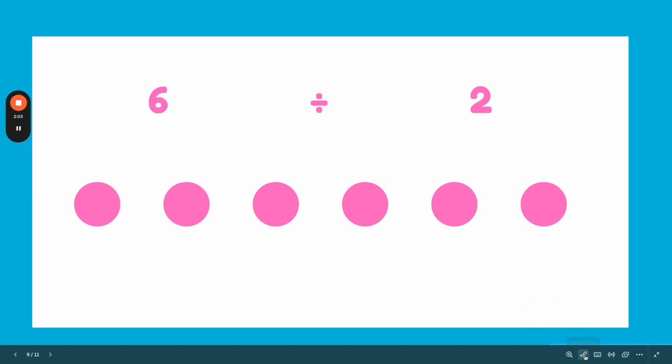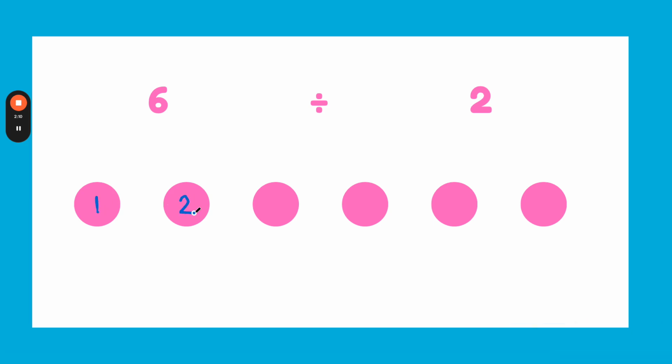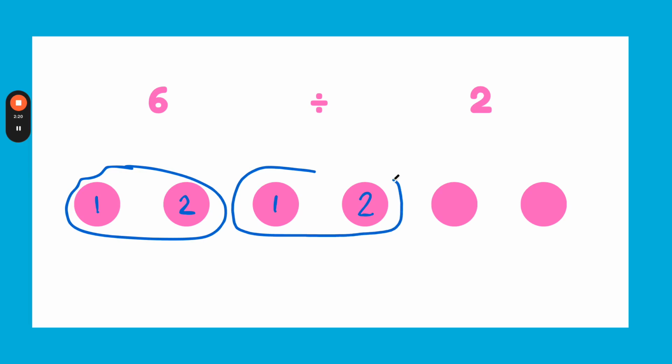So if we draw out groups of 2, we have 1, 2, that's one group, and 1, 2, that's another group.